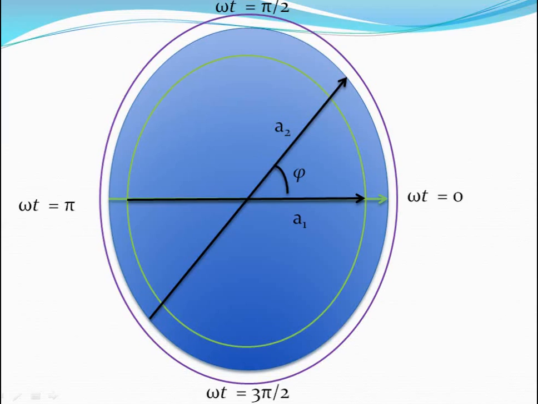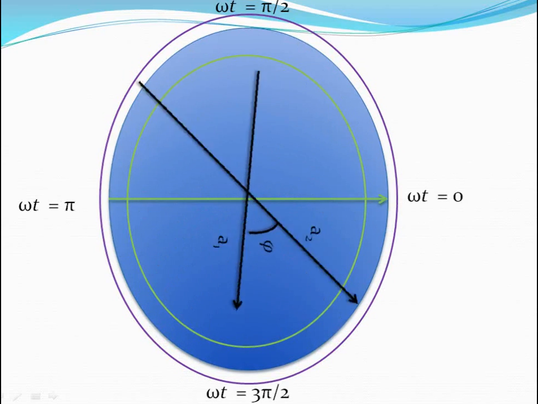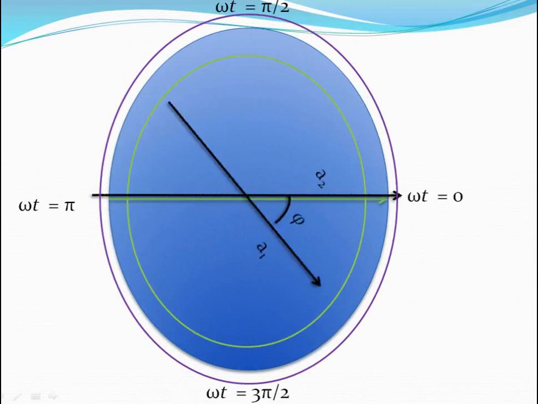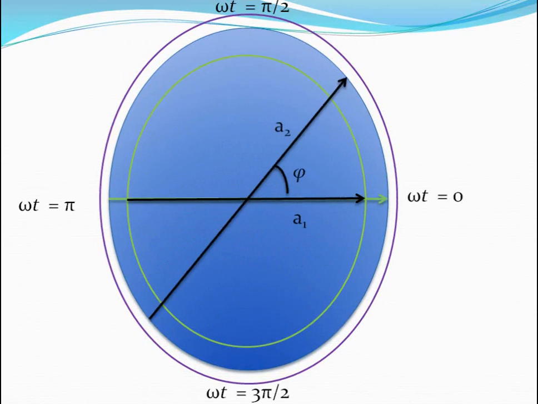Since both these waves have an initial phase difference of phi, the simple harmonic motion of any two particles on these waves will also have a phase difference of phi. So when the simple harmonic motion of particles on these waves occurs, this is how both the amplitude vectors will rotate. We are simply showing you the vectorial representation of two simple harmonic motions which have a phase difference of angle phi.